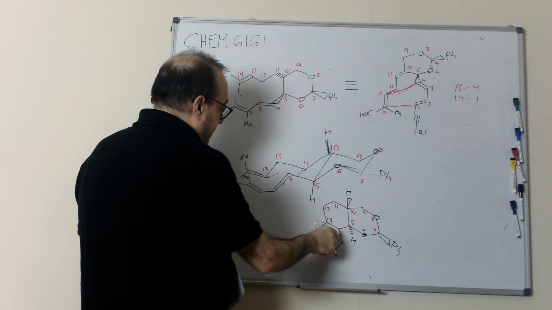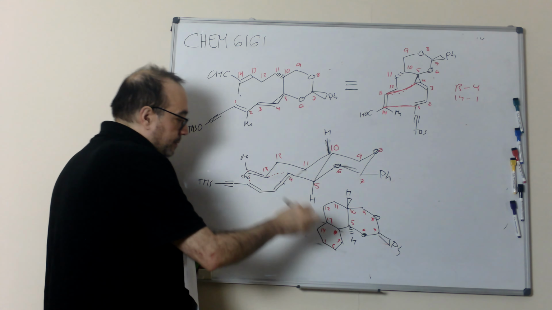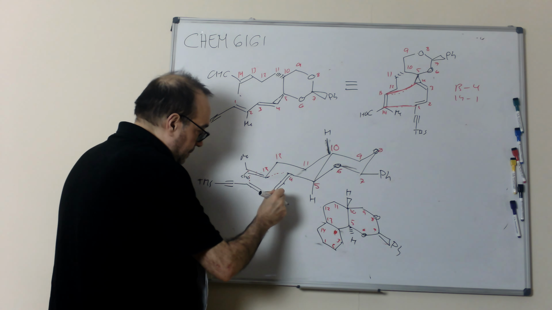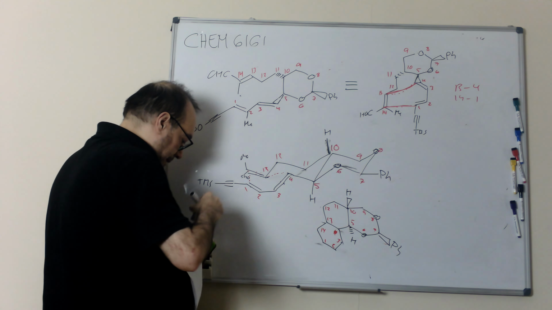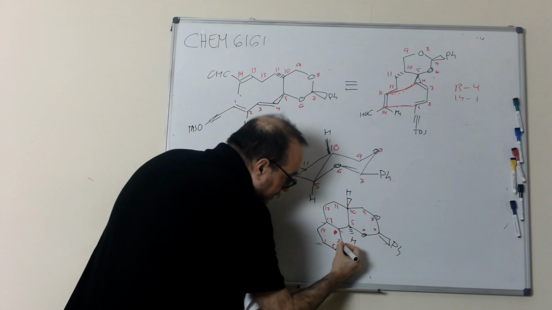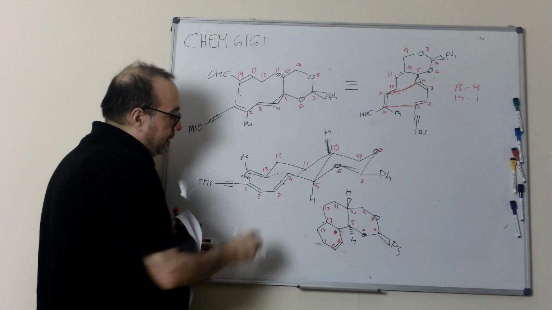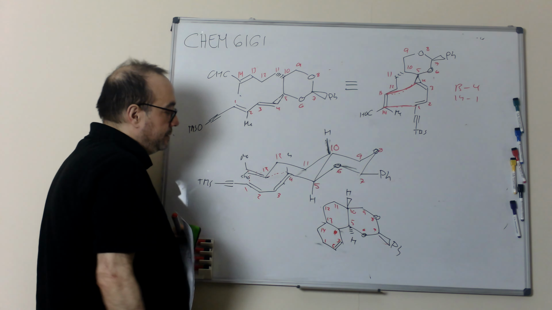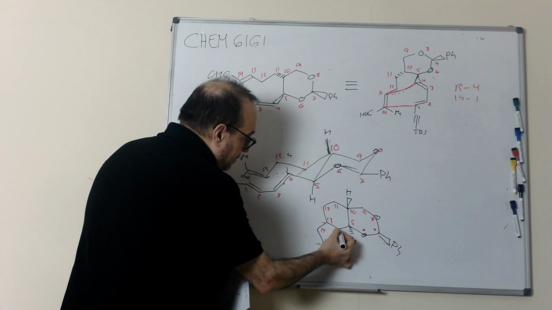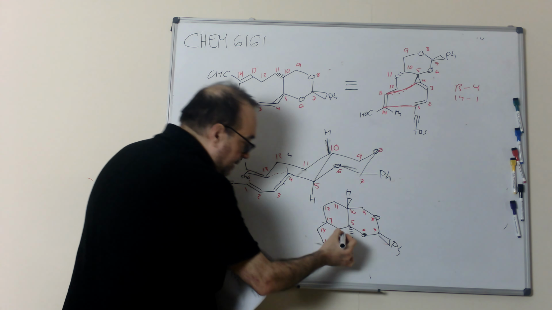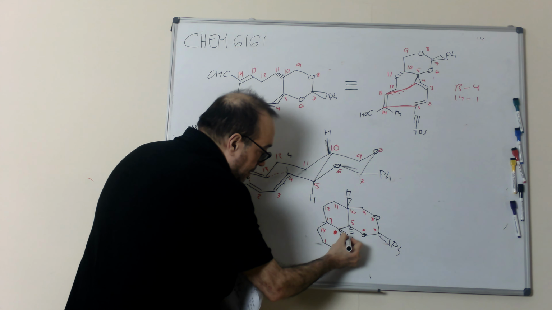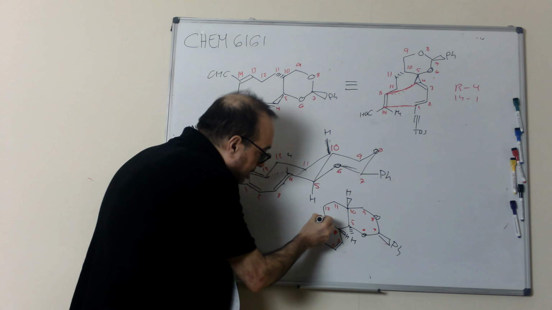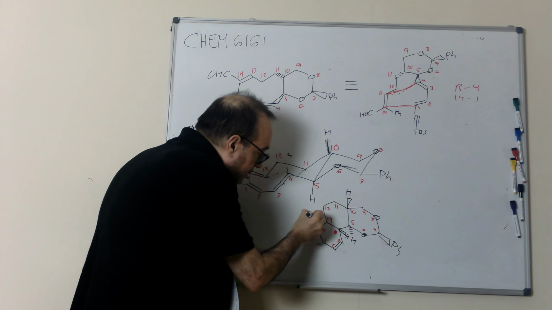And then we are forming this bond between 2 and 3. I will have the double bond. And because I am forming this bond, this hydrogen is up, that means that this hydrogen will be up. Next one, here the hydrogen is down, that means that this will be down.